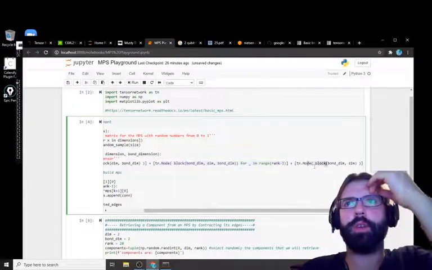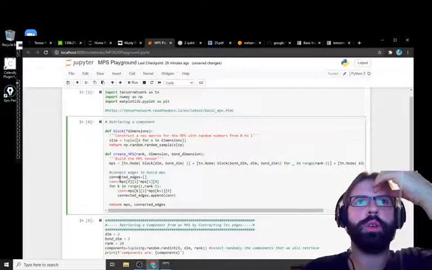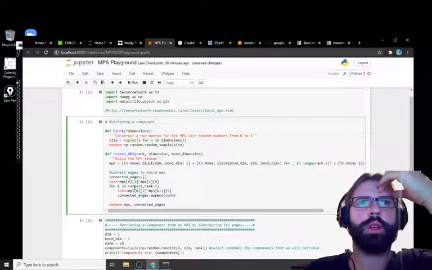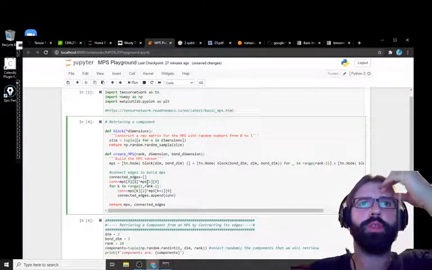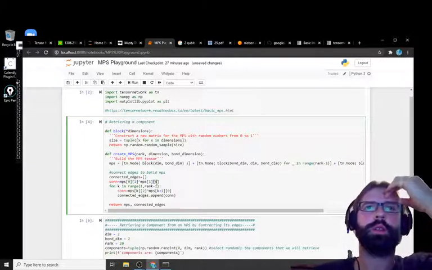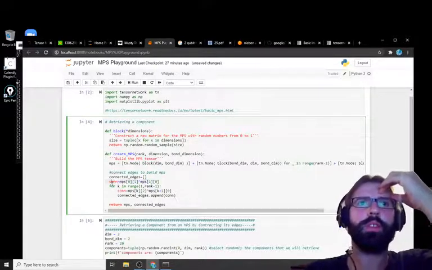And then the final node. And then you take connected edges. And you're connecting the 0, 1 dimensions with the 1, 0 dimension. So you're literally doing, at least you're adding one connection, right?